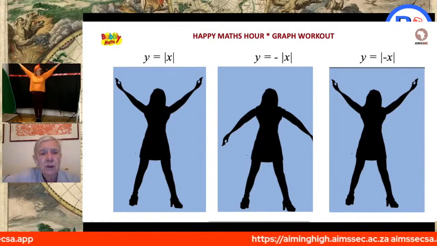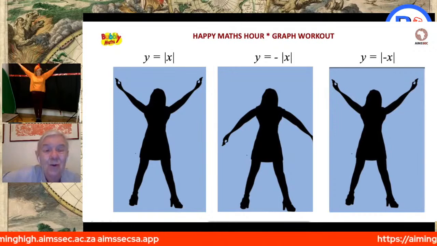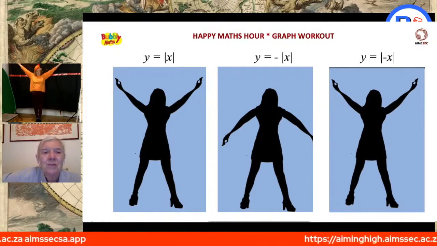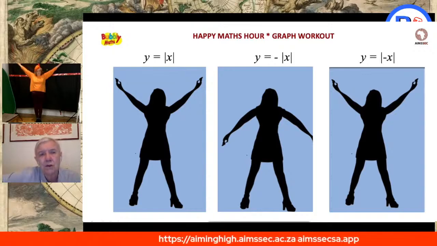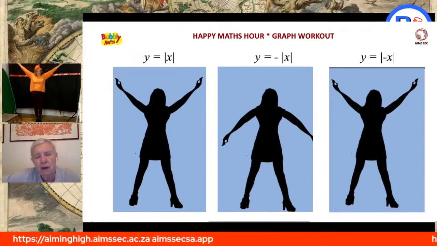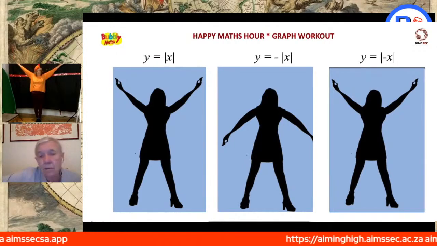But the modulus means you have the positive value. So modulus of 7 is 7, and modulus of minus 7 is also 7. And that's why she's got both of her arms up, because the modulus of a number is the equivalent positive number for that number.